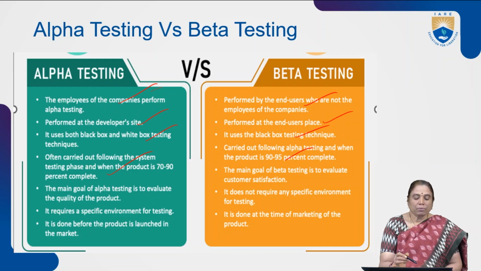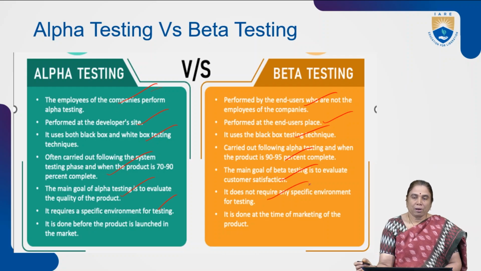The main goal of alpha testing is to evaluate the quality of the product. The goal of beta testing is to evaluate customer satisfaction. Alpha testing requires a specific environment for testing, but beta testing does not require any specific environment or customer side.